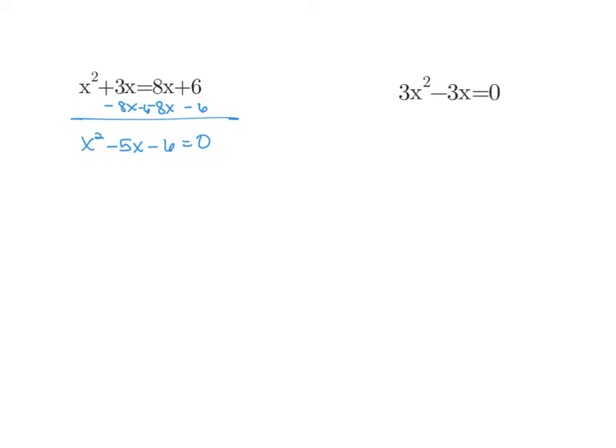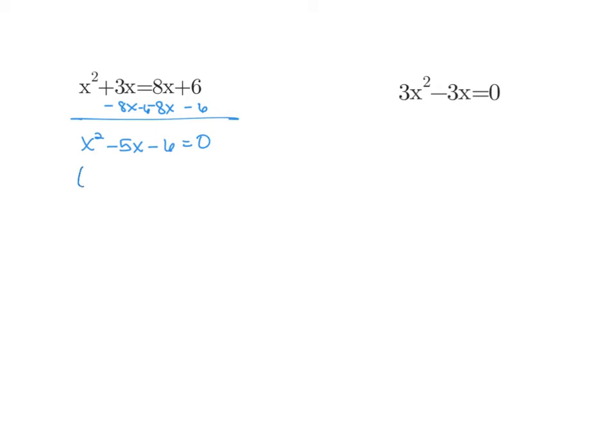Now I need to factor completely. The first thing I'm going to look for is any greatest common factor, and I do not have a greatest common factor. Then I'm going to see that this is a trinomial, so I'm going to be looking for two numbers that multiply to -6, and those same two numbers add to -5.